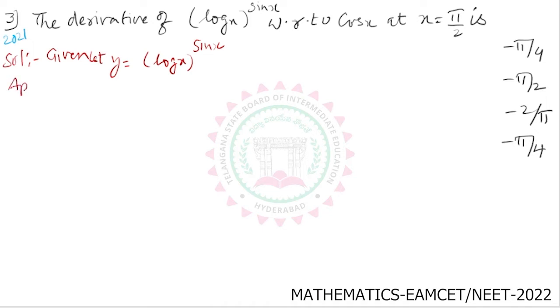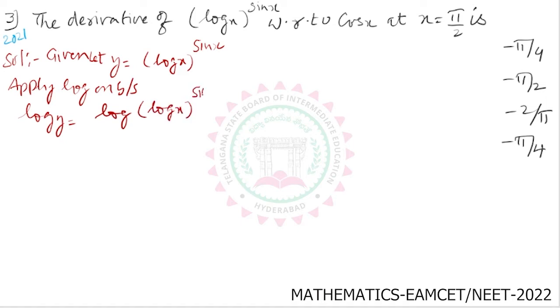So apply log on both sides. So this becomes log y is equal to log of log x power of sin x, right? So this becomes sin x into log of log x. Okay, by the formula log a power of m is equal to m log a.